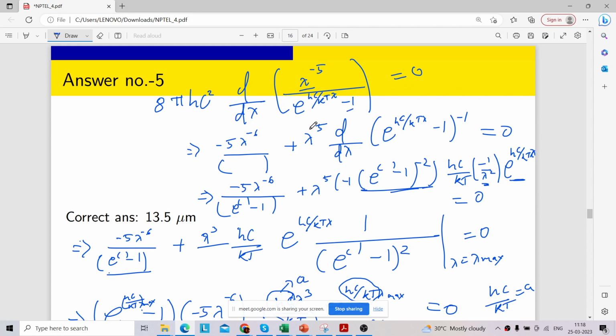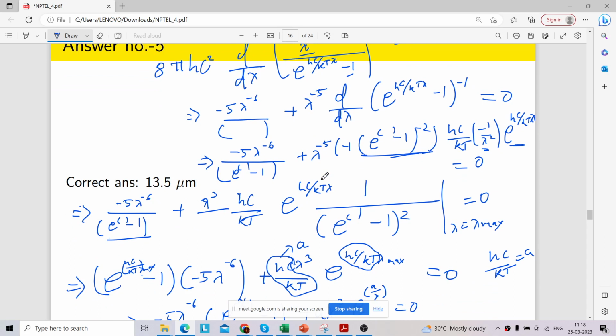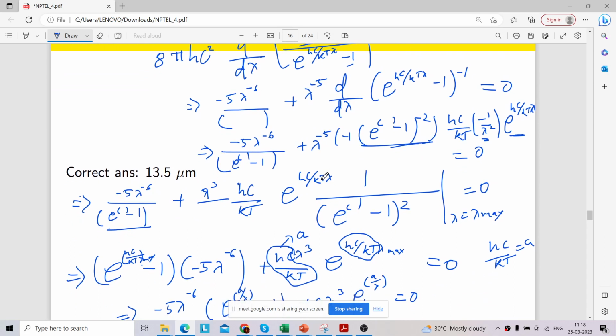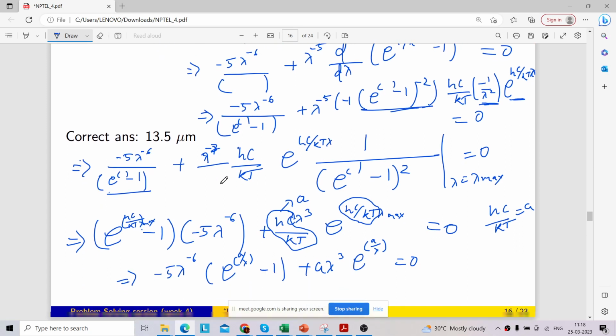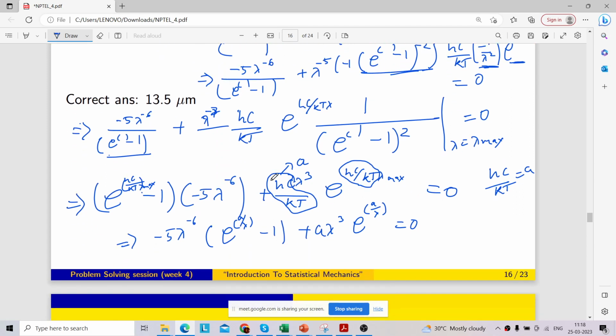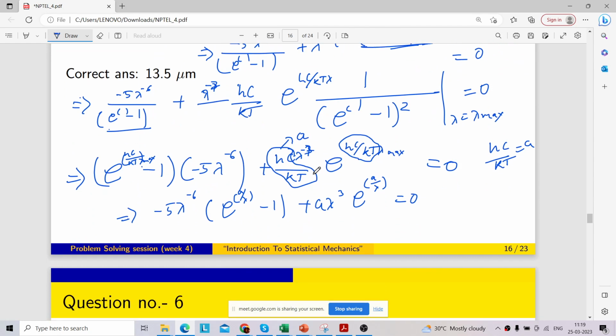I took this 10 to the power 5, it should be minus 5, so it's minus 5 divided by this lambda square, so it's minus 7.